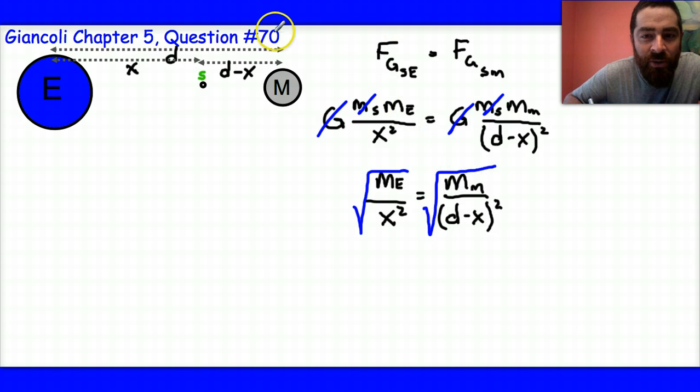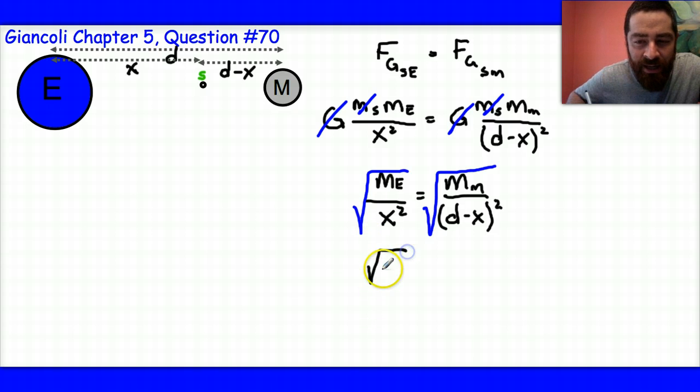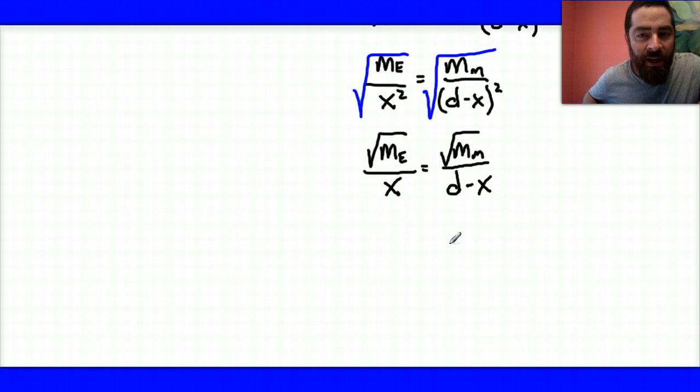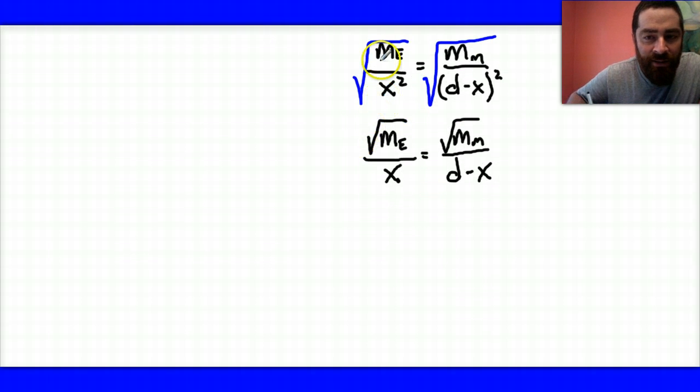So I'll take the square root of both sides, and when I do that, I get root mass of the Earth divided by x is equal to root mass of the Moon divided by d minus x. At this point I'm going to cross multiply. Let me pan down here, and I'll start working up in the left hand corner.